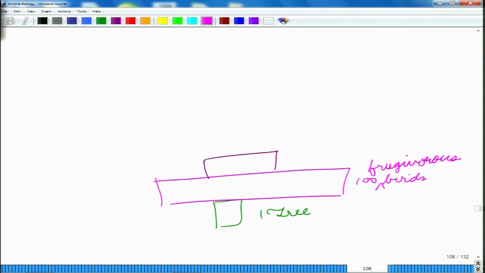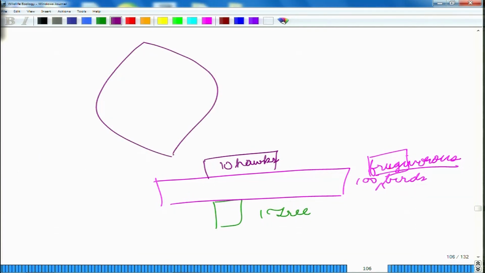Frugivorous means that these birds are living on fruits. Frugi is fruit, vori is eating, and they are supporting say 10 hawks. So, here we have a pyramid of numbers that looks like a spindle, which is this shape.